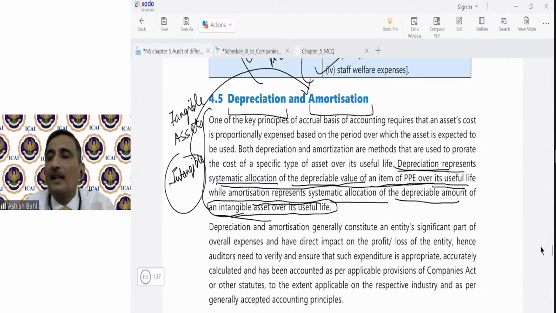So again, students, depreciation and amortization constitute one of the major items in the financial statements of the company. So the auditor has to be careful. He has to be skeptical while verifying these items.